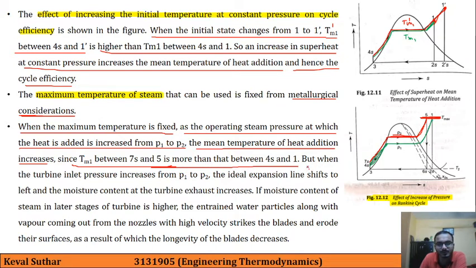But when the turbine inlet pressure increases from P1 to P2, the ideal expansion line shifts to the left, that is, this is the new expansion process, and previously it was this.